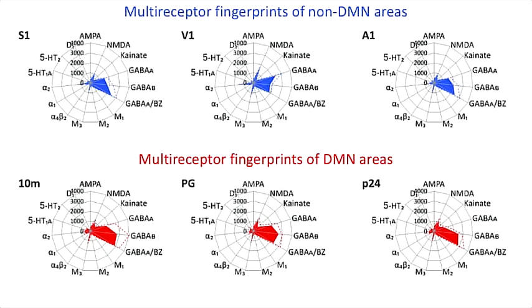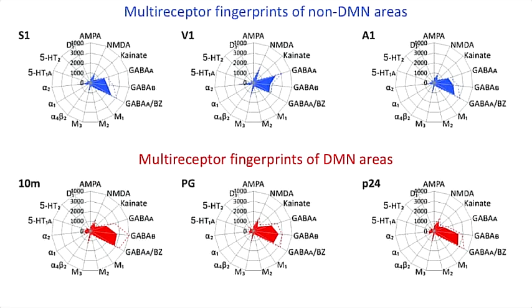For instance, the S1 area, the primary somatosensory cortex, the primary visual cortex, the primary auditory cortex. All these three areas are sensory areas and not part of the default mode network.